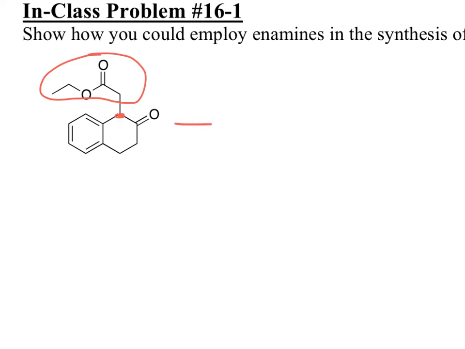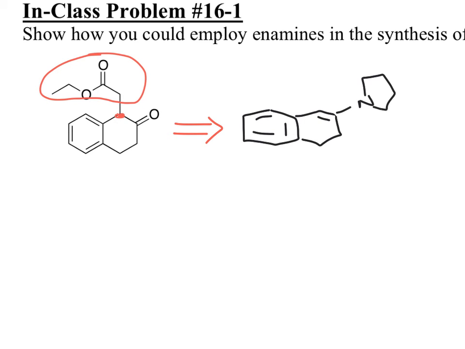We'll stick with the halide. So if we were to work backwards and draw the two pieces, well, this piece here would be the enamine.